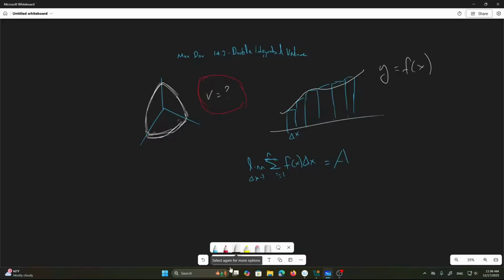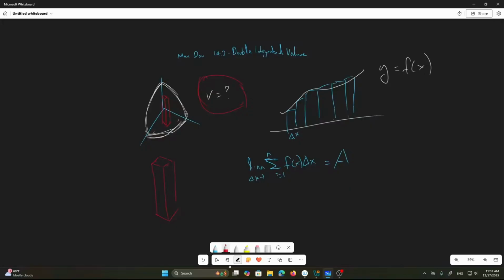And in multivariable calculus, or in three-dimensional space, we follow a very similar concept. But this time, instead of rectangles, we use rectangular prisms. So let me draw this out for you. Instead of this one-dimensional component with delta x, we have this two-dimensional component, these rectangles.